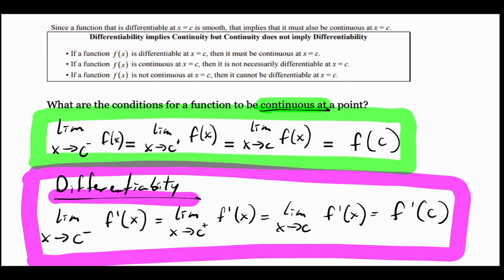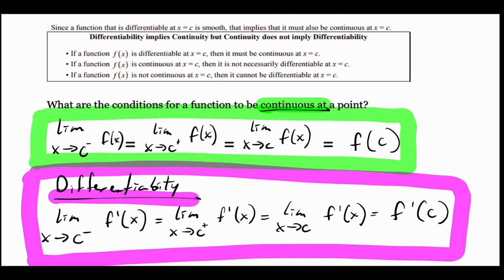Okay? So if you start with differentiability and it turns out, yes, it is differentiable, then you don't have to check the green. Okay? But if you start with the green and it checks out, you also have to check the purple. If you check the green and it doesn't check out, then you're done. Neither. Okay?